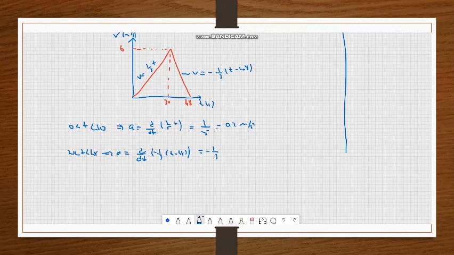And we can say it is minus 0.333 meters per second squared.